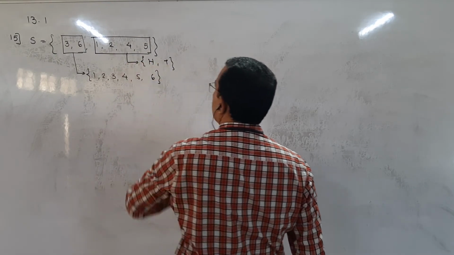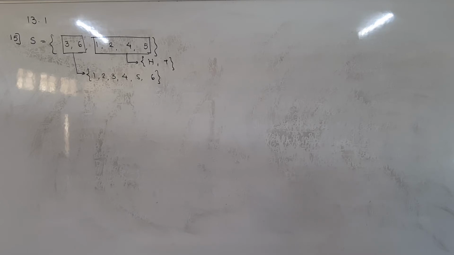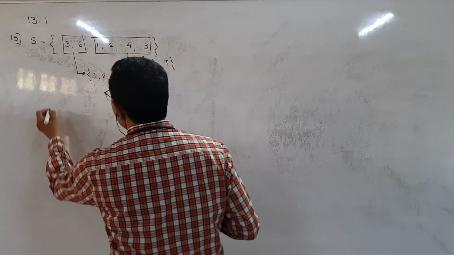So we can have 1H, 1T, 2H, 2T, 4H, 4T, 5H and 5T. So 6 into 2, 12.